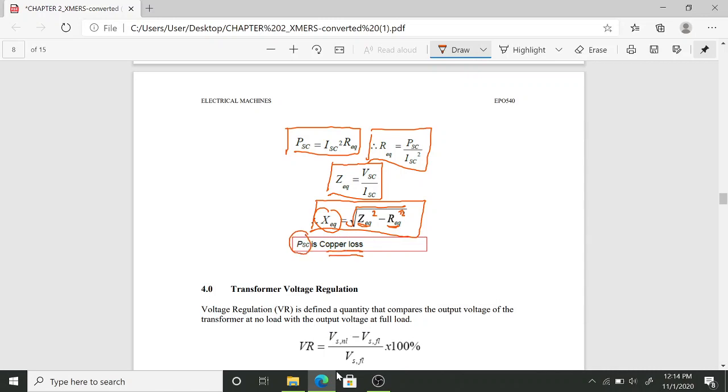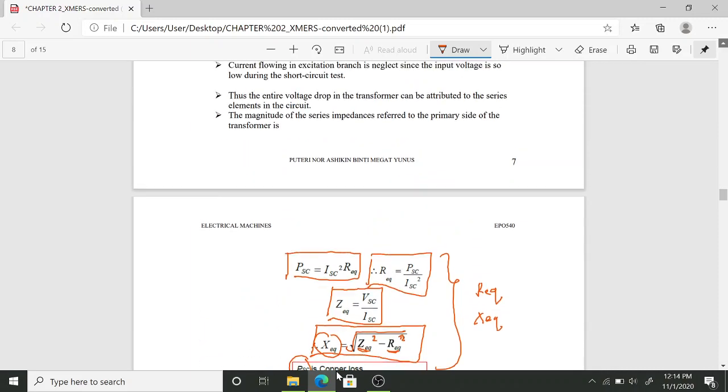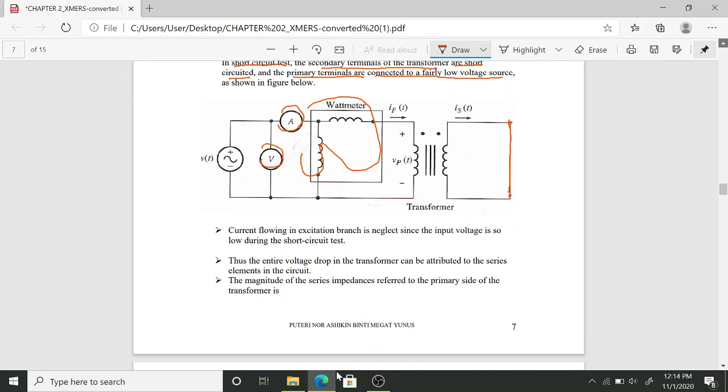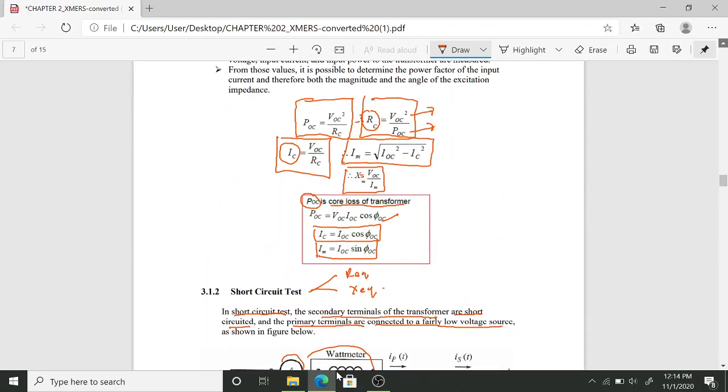So from this short circuit test, you will get the values of R equivalent and X equivalent. And from the open circuit test, you will get the values of RC and XM.